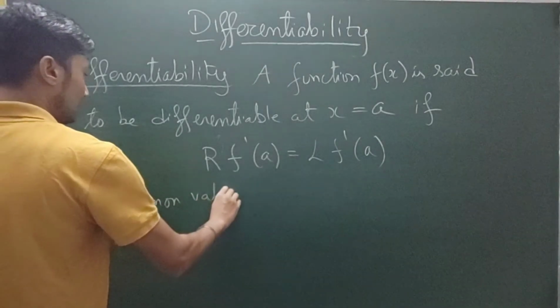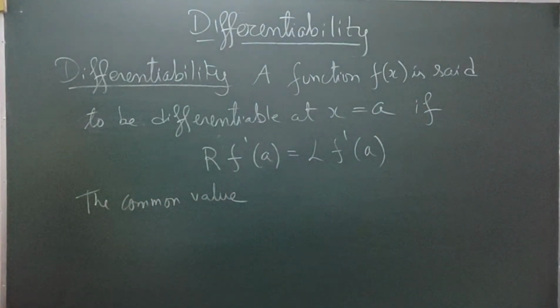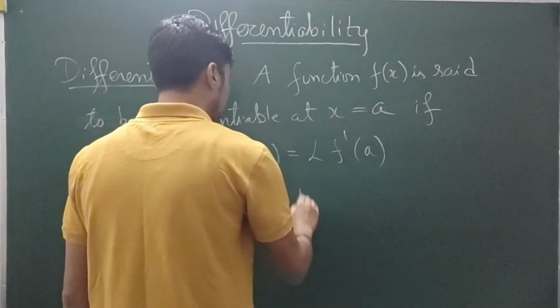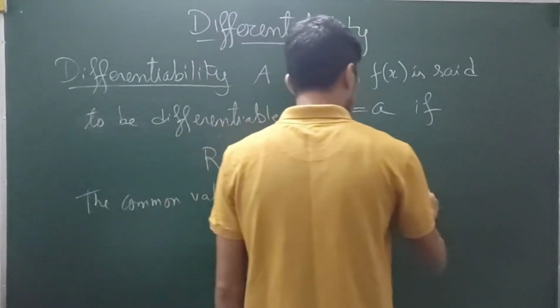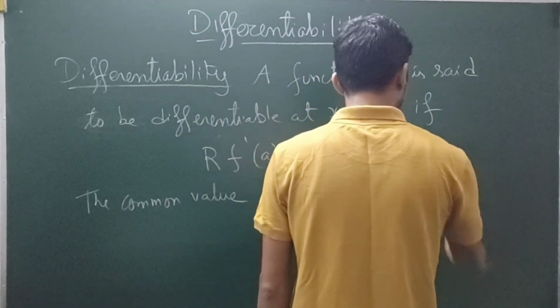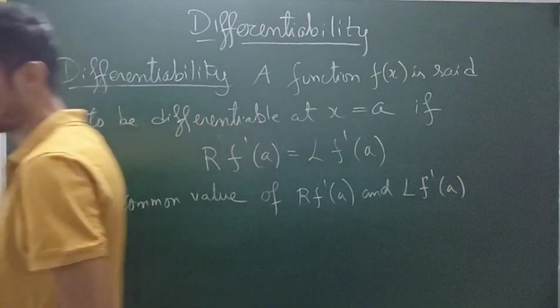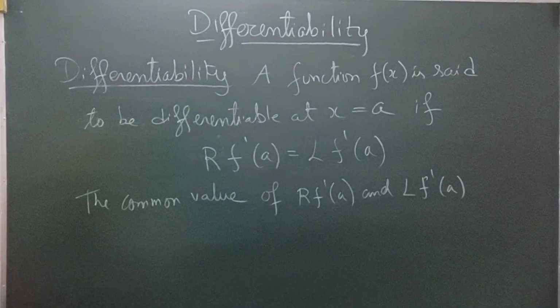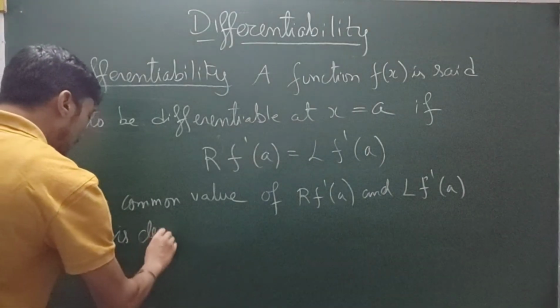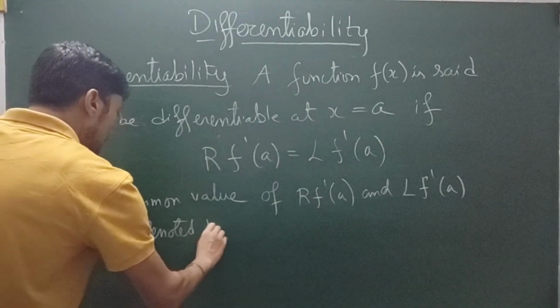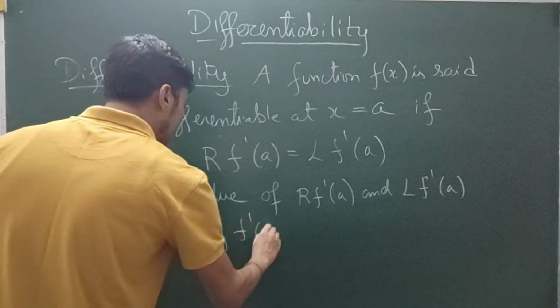The common value of the right-hand derivative and the left-hand derivative. Definitely, if they are equal, then they will have a common value, isn't it? The common value of the right-hand derivative and the left-hand derivative is denoted by f dash of a.